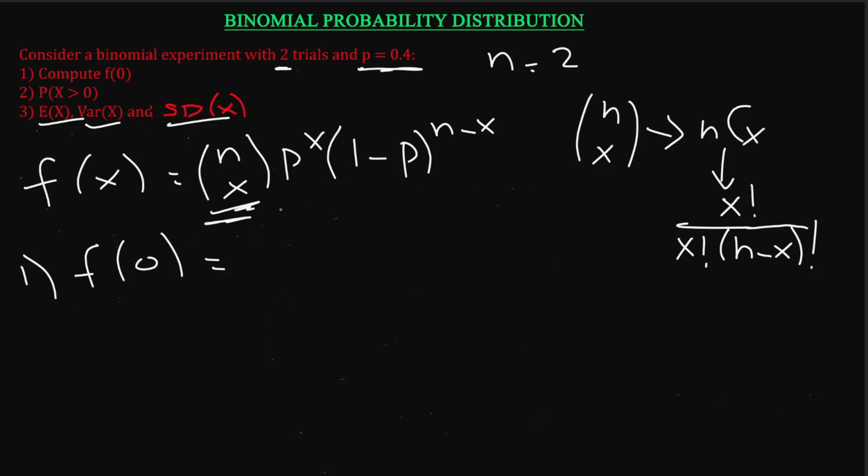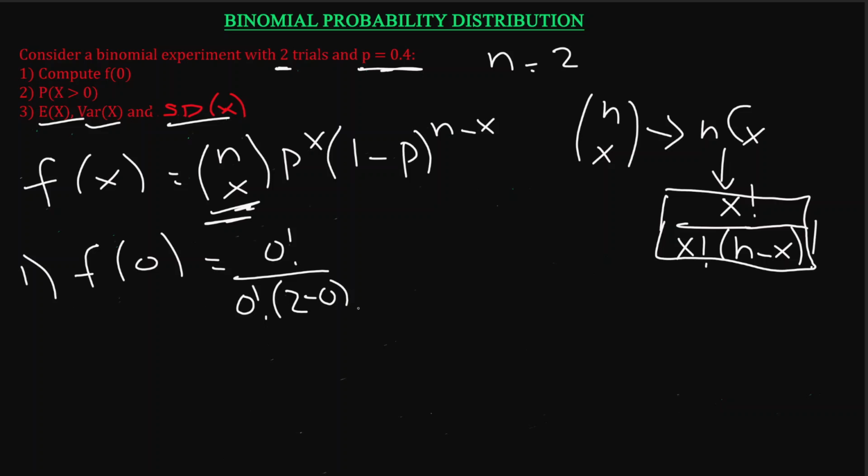Expanding this using the expansion we've done here, that is equal to 2 factorial over 0 factorial into bracket 2 minus 0 factorial. p here is equal to 0.4, so 0.4 to the power 0. 1 minus p is 1 minus 0.4, so that is 0.6 to the power n minus 0. n minus 0 is 2.